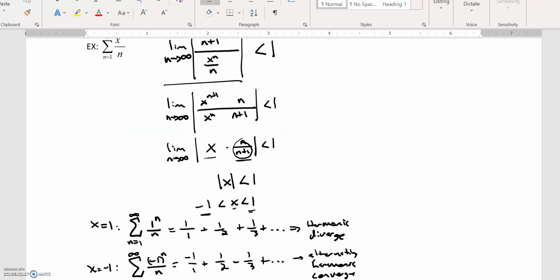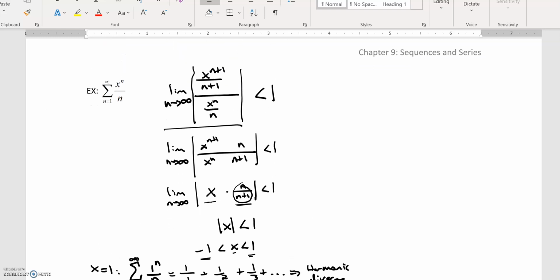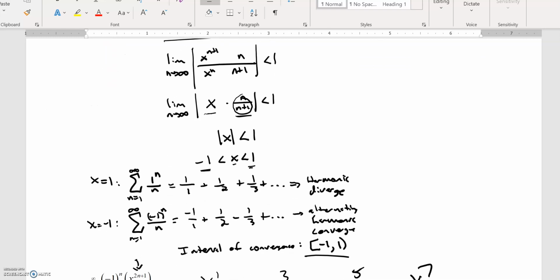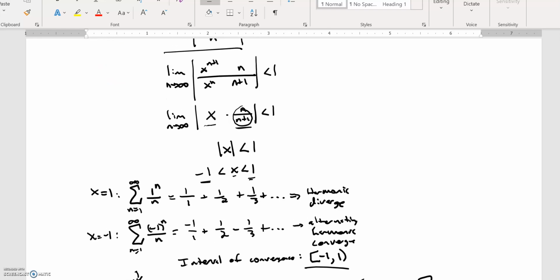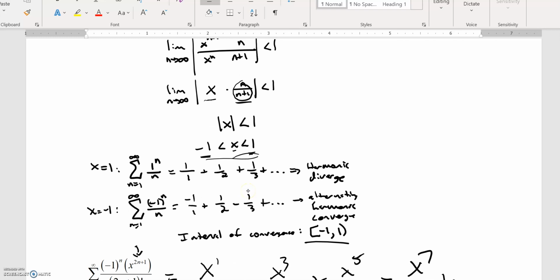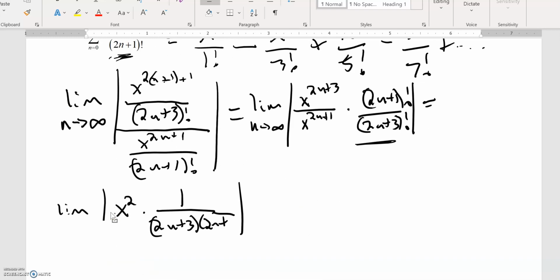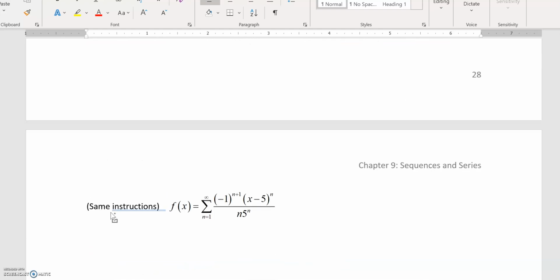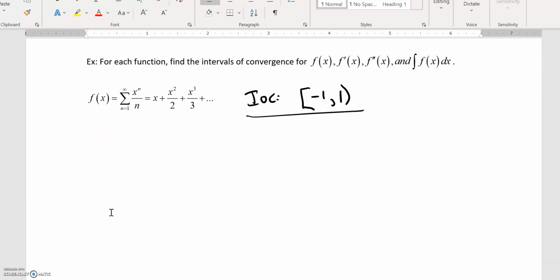If you forgot, then you got a chance to practice this. We worked this out a couple days ago. We got the radius of convergence being 1, and then we found that 1 diverged and -1 converged, and so therefore we have the interval of convergence.